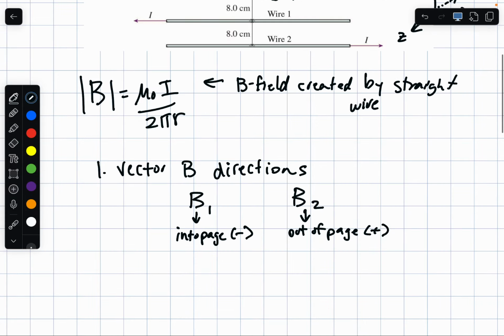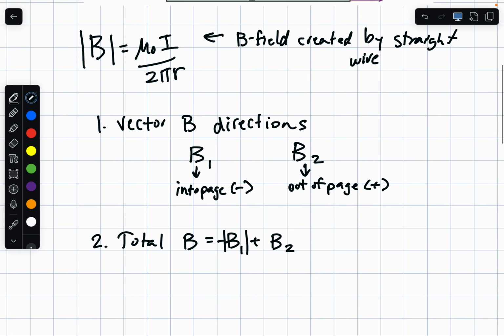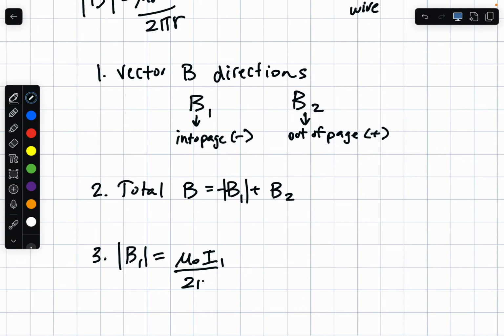Now we know how to add these two magnetic fields together. The total B field will be negative magnitude B1 plus B2. So let's find the magnitudes. B1 is mu naught I1 over 2 pi R1.